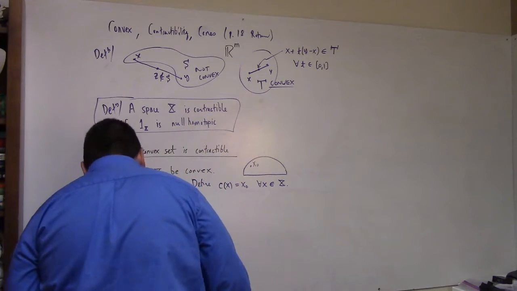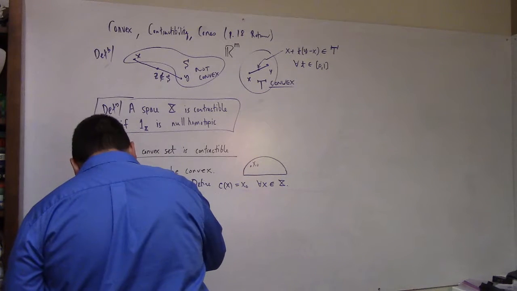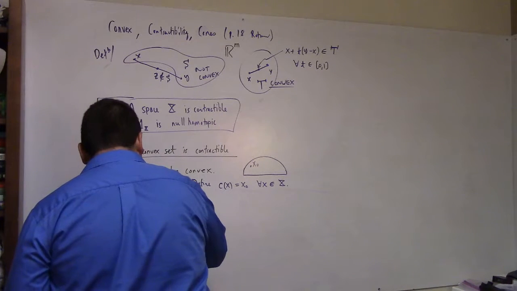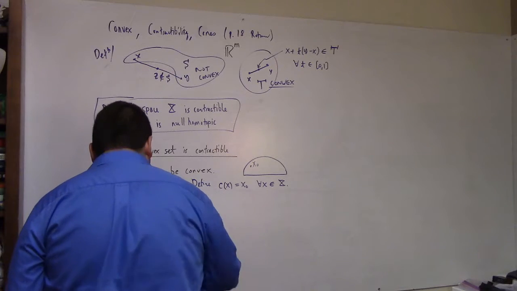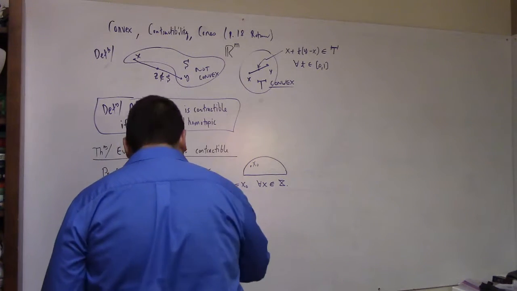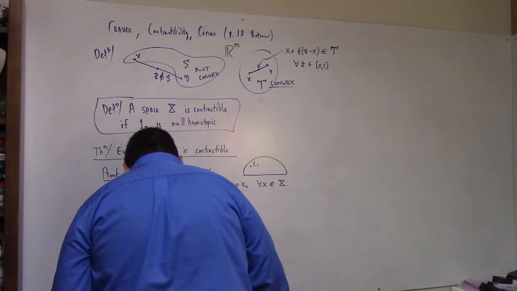And then what's the homotopy? Let f of x comma t equal t x naught plus (1 minus t) times x.